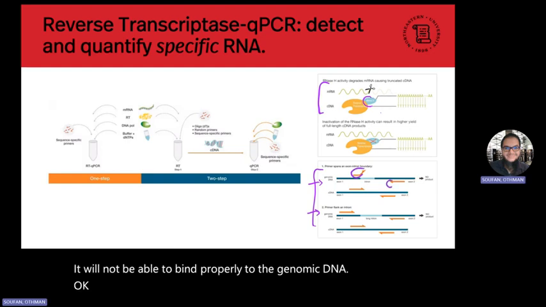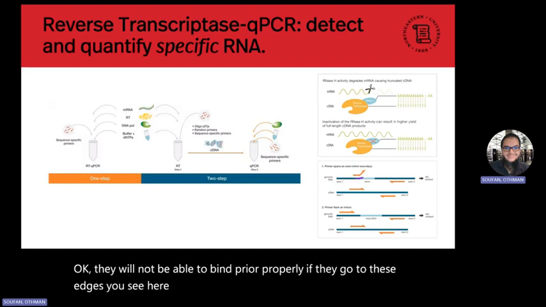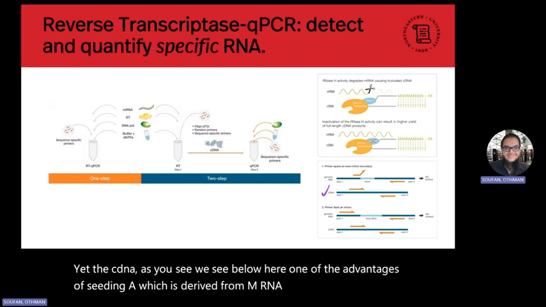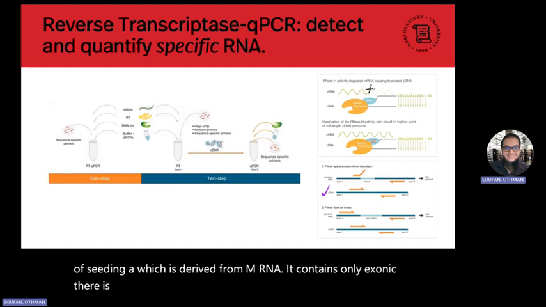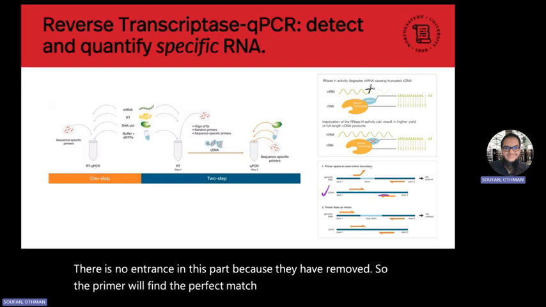You see here, they span this area. Yet the cDNA, as we see below, one of the advantages of cDNA, which is derived from mRNA, is that it contains only exons. There are no introns in this part because they have been removed. So the primer will find a perfect match in this case, which makes it easier.